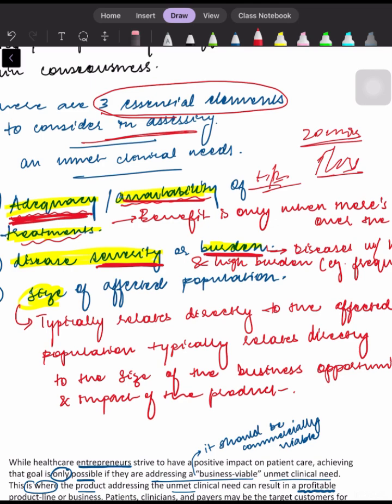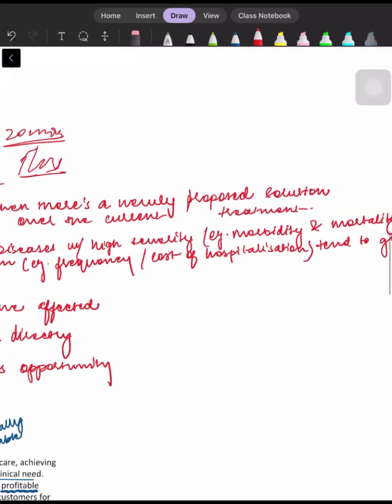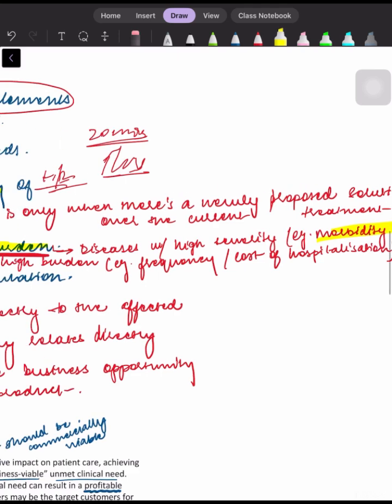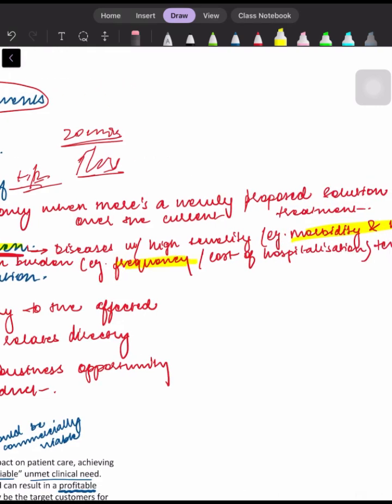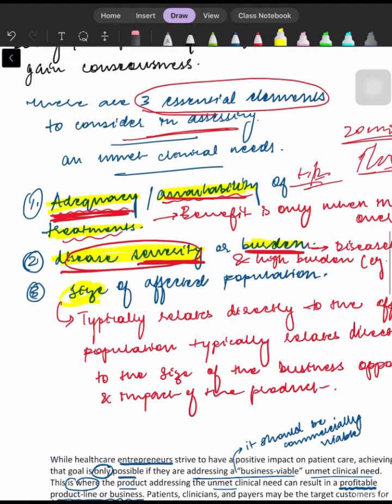How serious a disease is comes under unmet medical needs: diseases with high severity, for example where the morbidity or mortality rate is very high, and high burden, that is the frequency or cost of hospitalization tends to be higher. So that is what they actually mean by this.